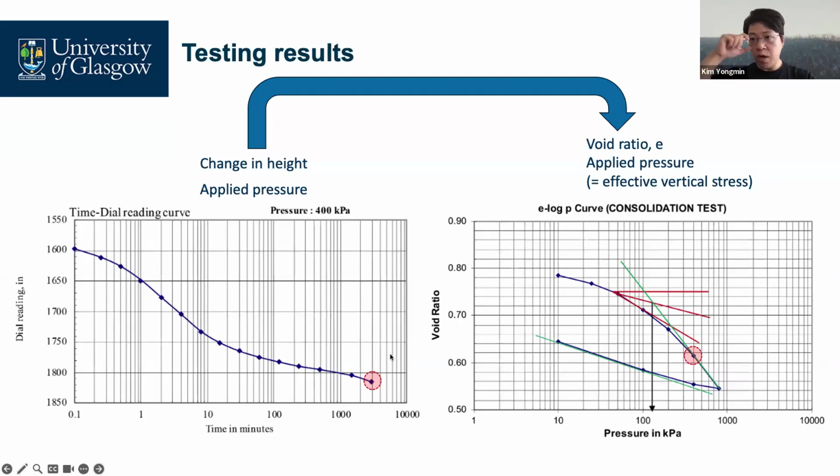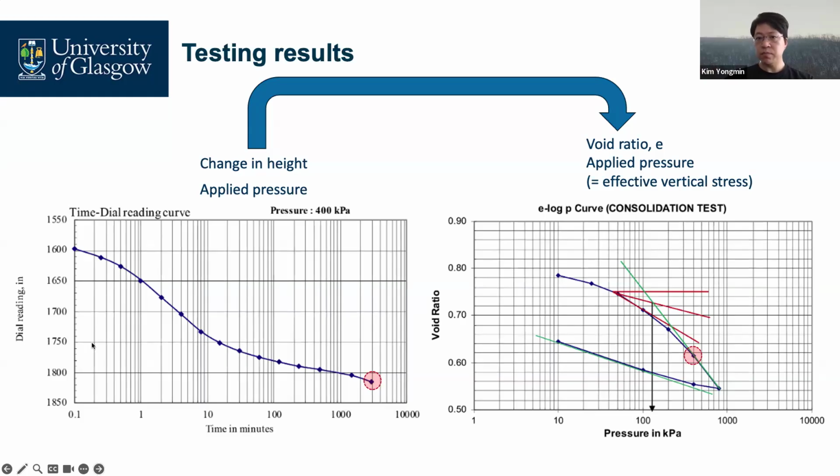Then we monitor 24 hours. Your dial gauge gradually increases, the specimen settles, and stops here. This last point goes to here. 400 kilopascal, 100, 200, 300, 400, and your void ratio.